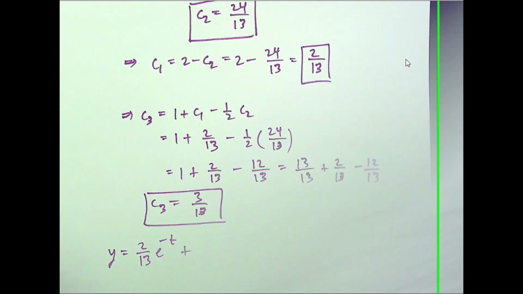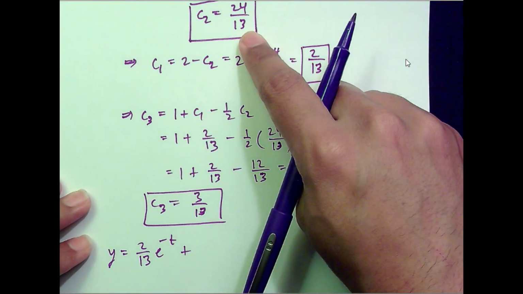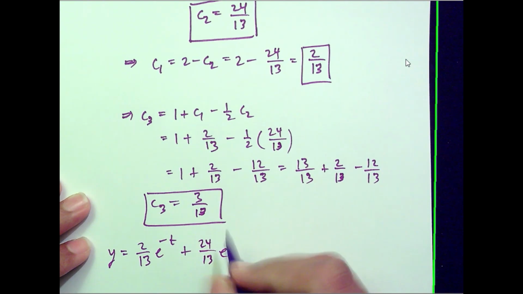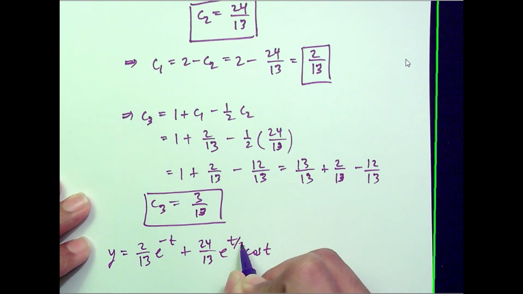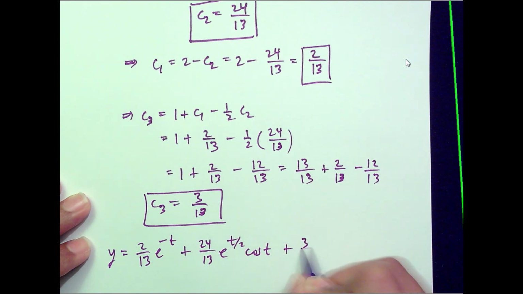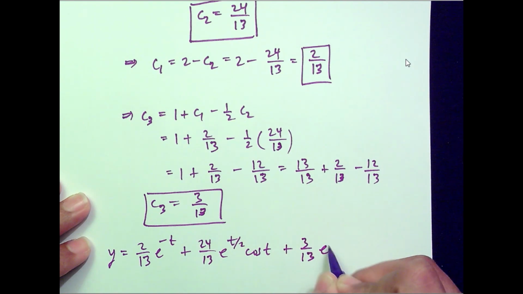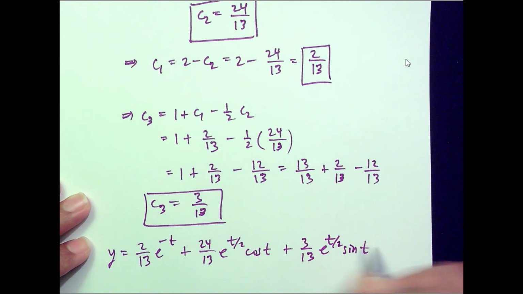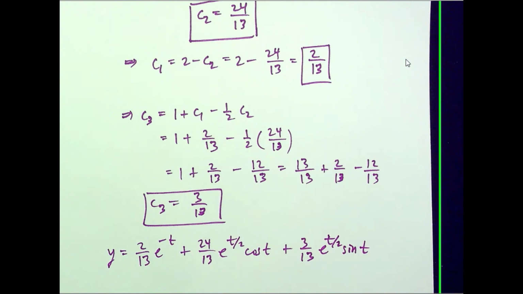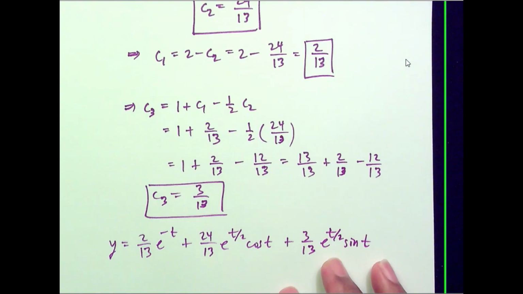Oh, there it is, that one. 24 over 13, e to the t halves, cosine of t, plus C3, and C3 is 3 over 13, e to the t halves, sine of t. And that is the final answer.